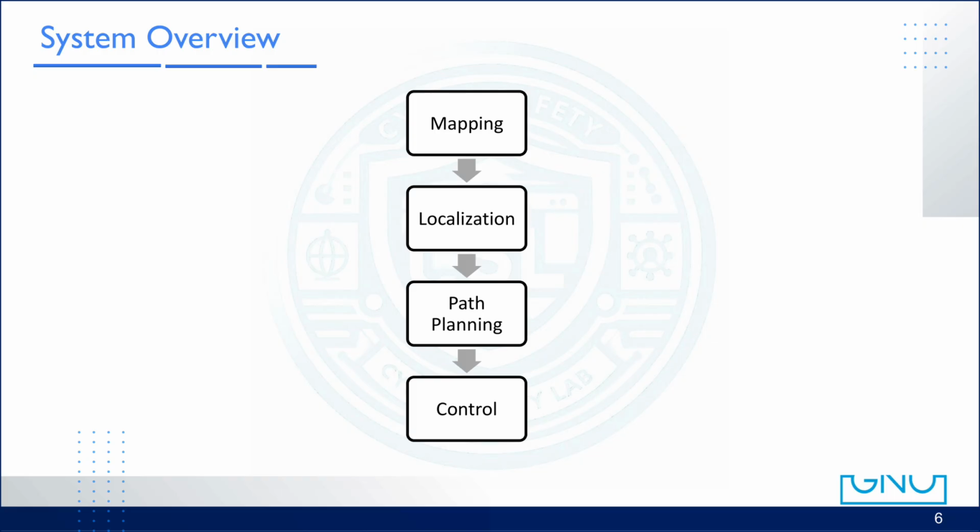Once we know where the car is, we move to path planning, where the system decides the best route or trajectory to follow. Finally, the control module takes the planned path and converts it into steering, throttle, and braking commands that the car can execute. This flow, mapping, localization, path planning, and control, forms the backbone of almost every autonomous robot system. And throughout this course, we will learn how each of these components works and how they fit together.